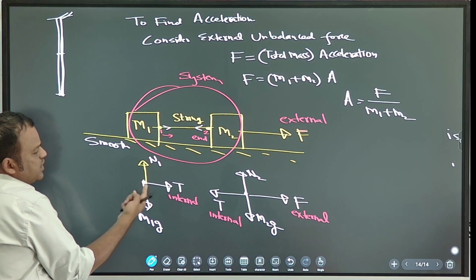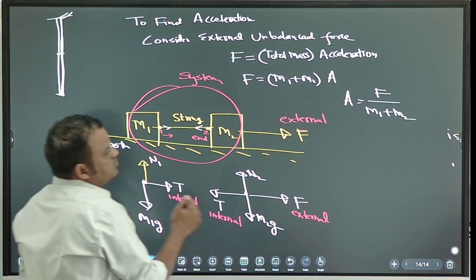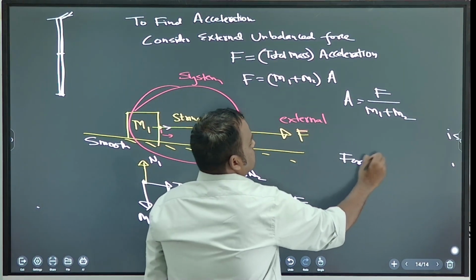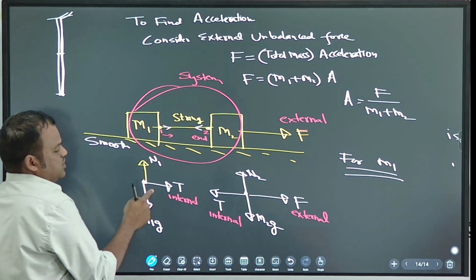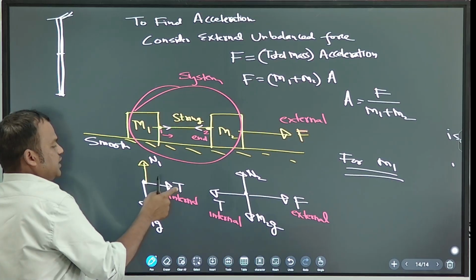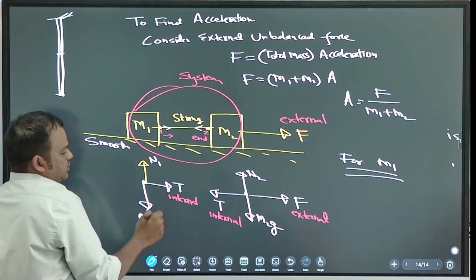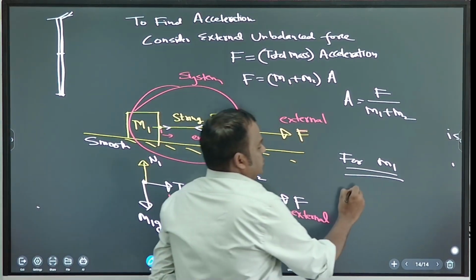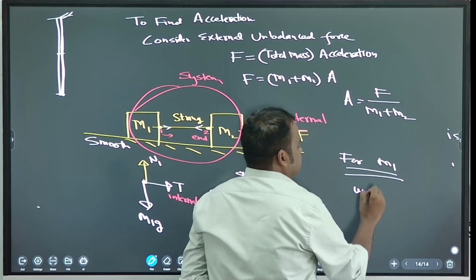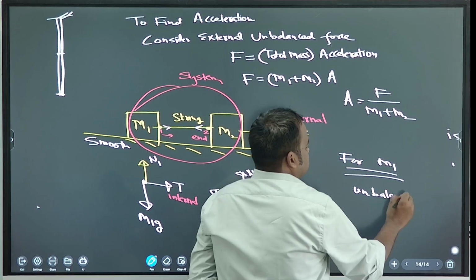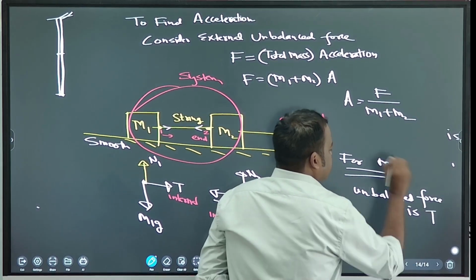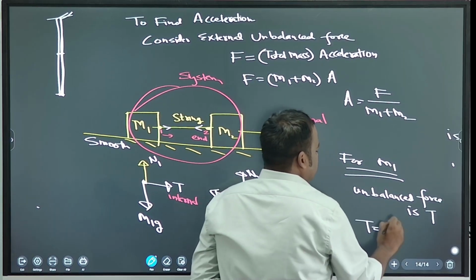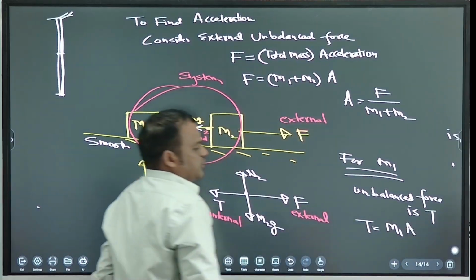So acceleration you got. Now you come to m1. So what is the unbalanced force for m1 only? For m1, what is the unbalanced force? Tension T. Okay. So for m1, unbalanced force is T. So T is equal to mass into acceleration. Note down.